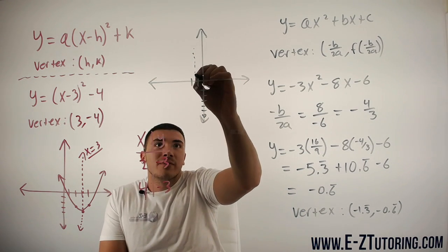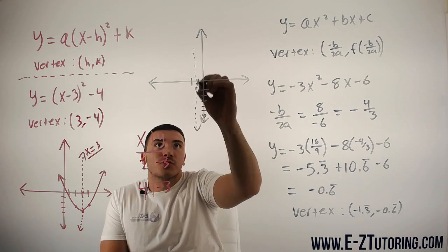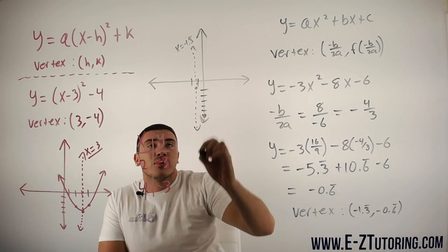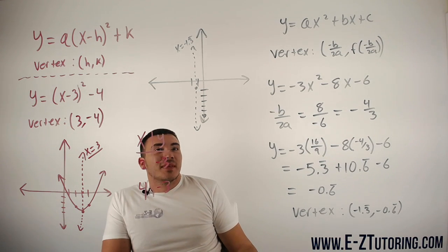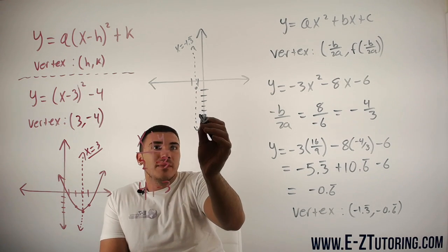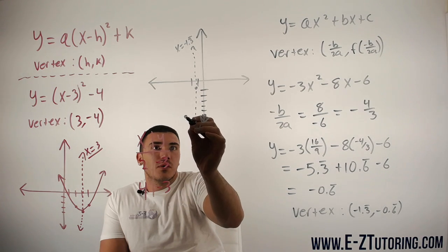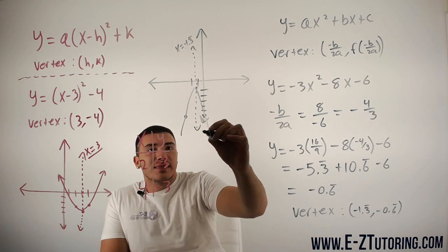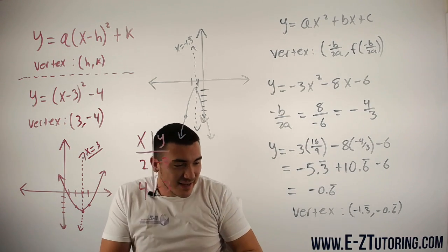And of course, we have our axis of symmetry running straight through the vertex at x equals negative 1.3 repeating. And because of our axis, we know that we are going to have the same exact point somewhere over here. And then you can just connect the dots, and that is what your parabola looks like.